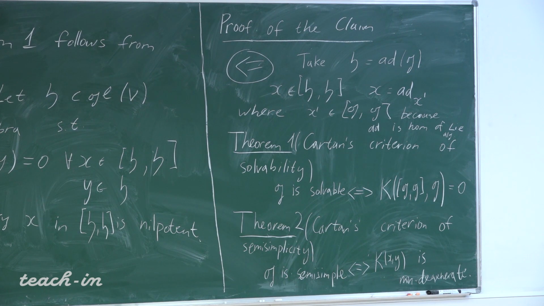Something strictly upper triangular times something upper triangular will be strictly upper triangular. So we will have zeros on the diagonal, and therefore the trace will be 0. Okay, so we are done.